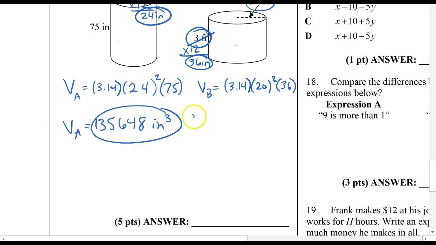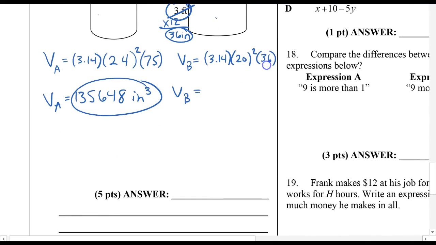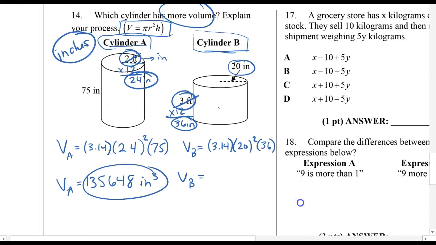Now we need to find B, because remember we're looking to see which one has more volume, which one is bigger in the end. Let me zoom out a little bit.